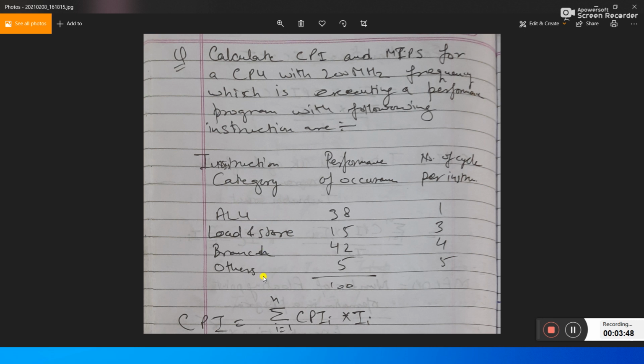These are the instruction types, with frequency of occurrence 38, 15, 42 and 5 percent, and the number of cycles per instruction is 1, 3, 4 and 5. The total number of instructions is 100, so 38 instructions out of 100 consume only one cycle.